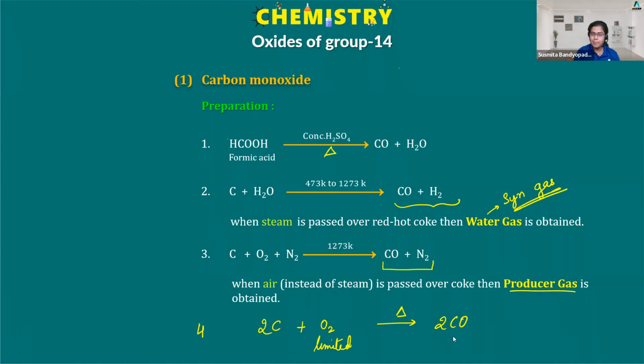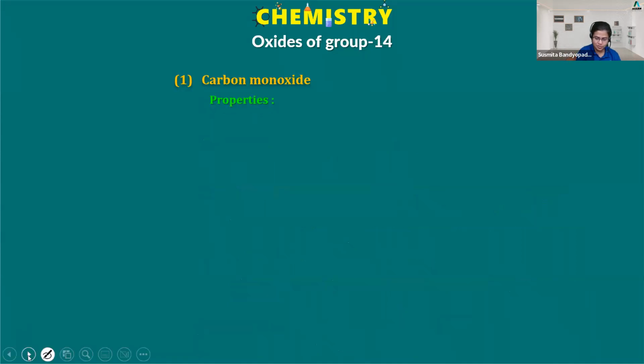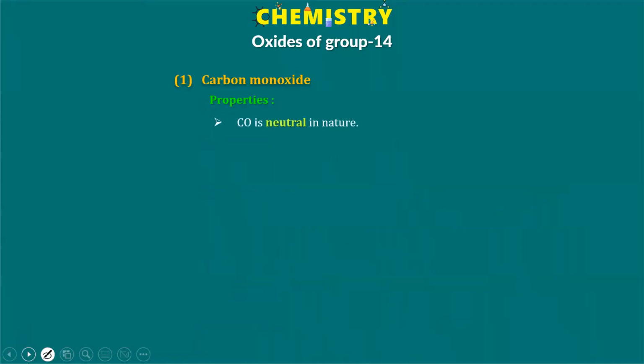Suppose you are burning some coal or coke in a closed room. People may even die due to formation of a lot of carbon monoxide, and the oxygen content also decreasing for that particular room.